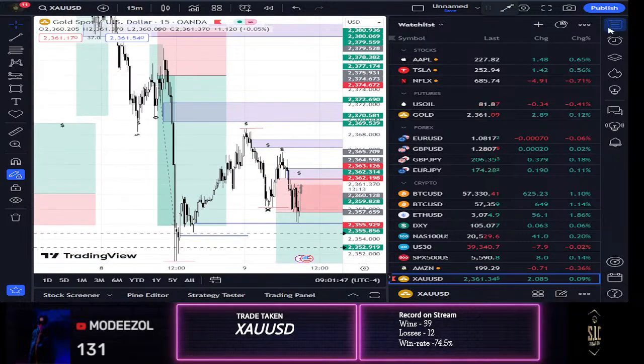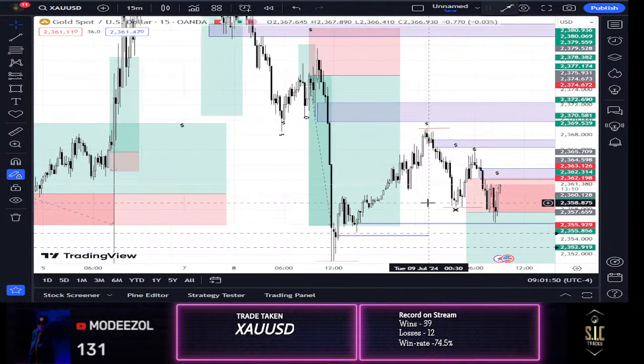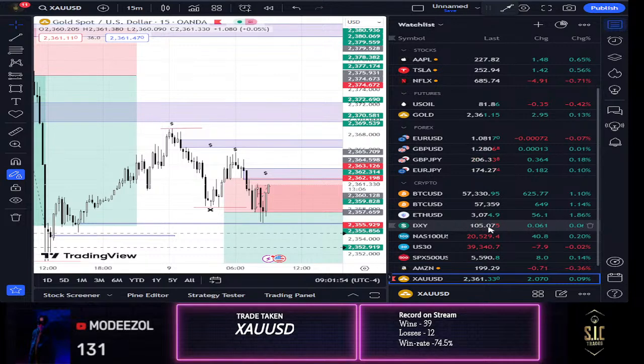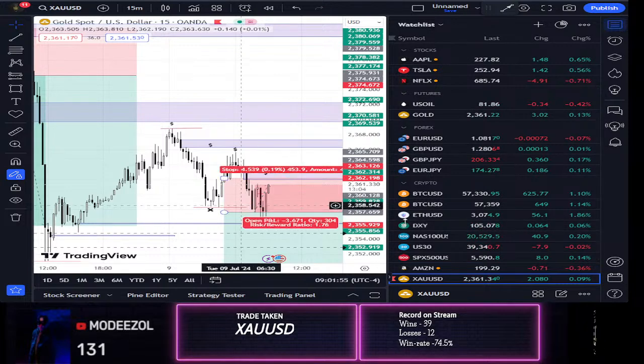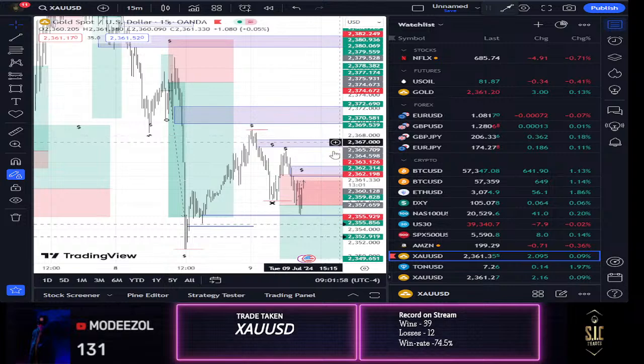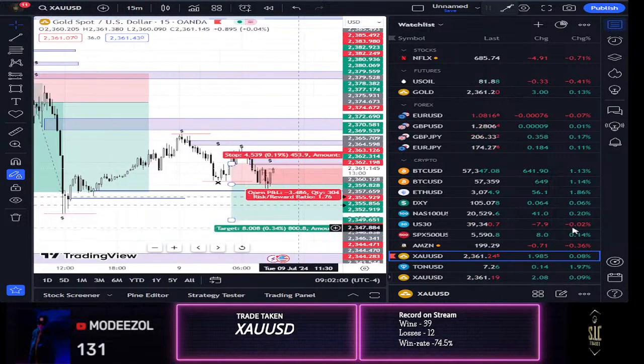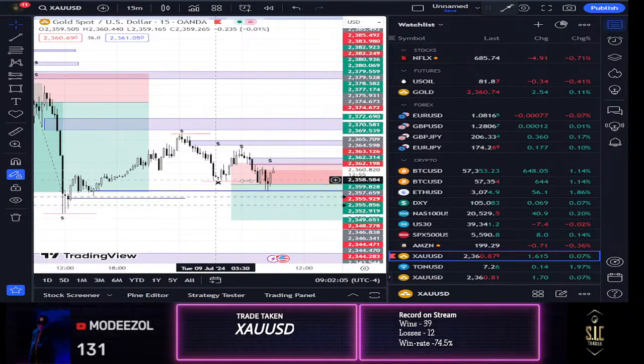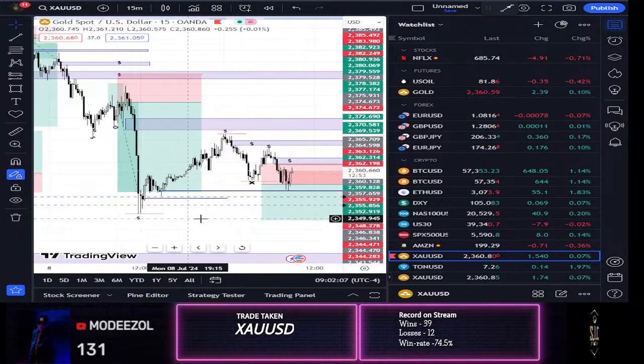But I would have to be willing to see if DXY price is still tanking. I'm watching DXY price. See, look how now it's tanking. So now it's like, all right, it's that 9 o'clock volume we're about to get, so I'm getting ready to see what we're about to pop off with real quick.